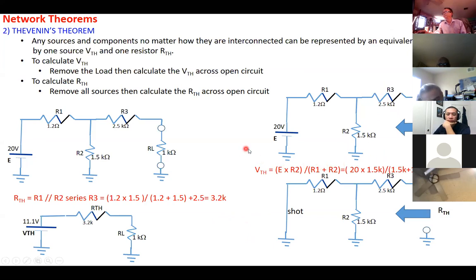To do this, open the load, that means open right here, right? Then you want to calculate the voltage from here to here, the same voltage, to get V Thevenin. And then calculate the resistance.